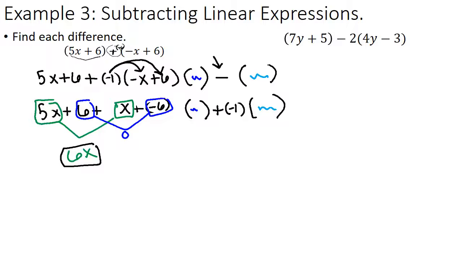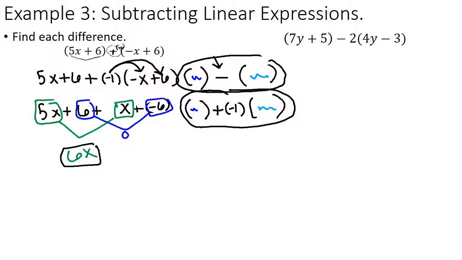So what I'm doing right here is going to be doing the same thing in here. I'm just changing this minus sign into a plus and -1. So that -1 will go inside here and it will change all of the signs inside there, which is going to be exactly what I need it to do.